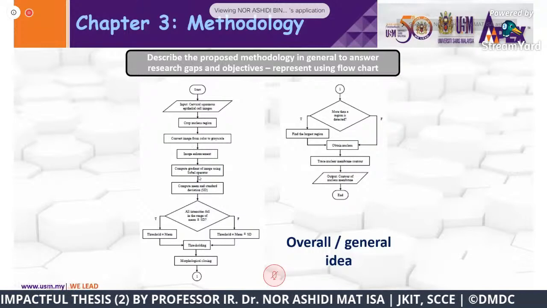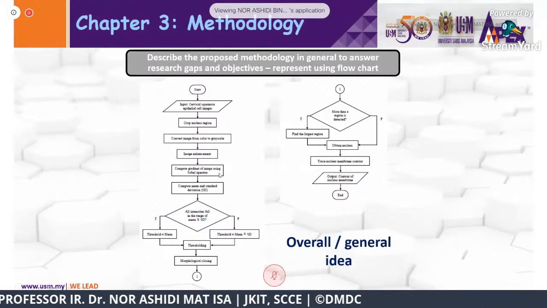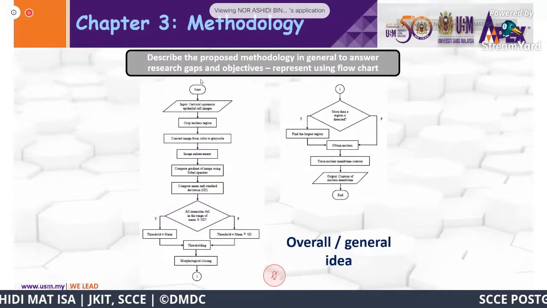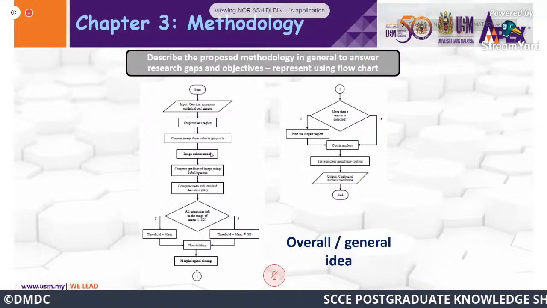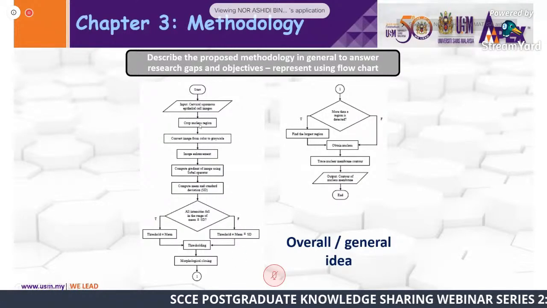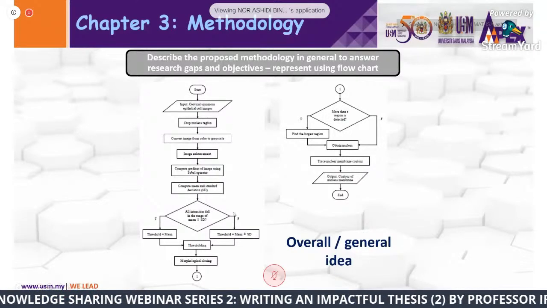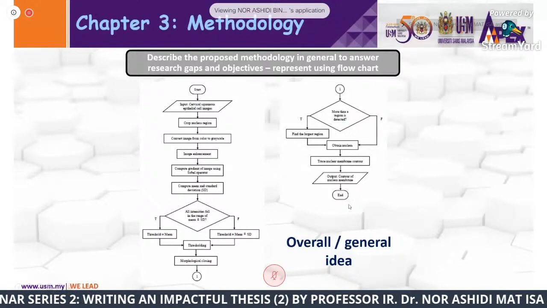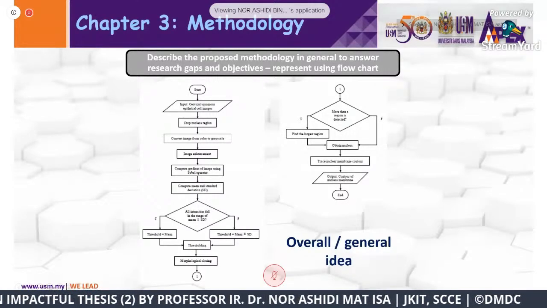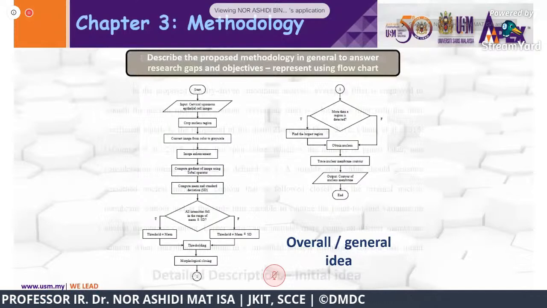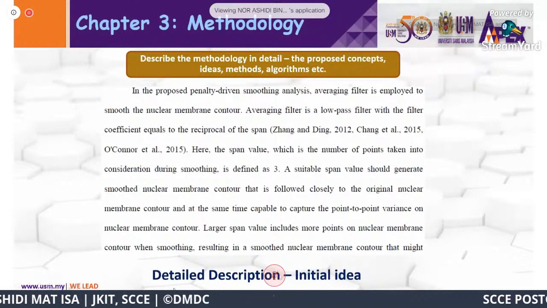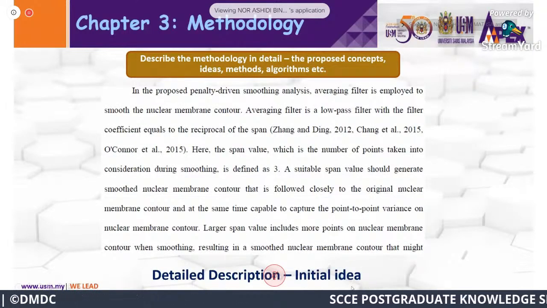Next we do the image enhancement, and so on. So these are the general processes involved. This is stage 1; stage 2 will be detailed later. So this is the overall picture of the student research. After that, the detailed discussion, but now this is the initial idea.